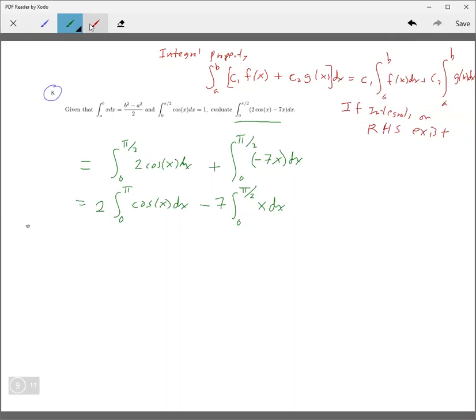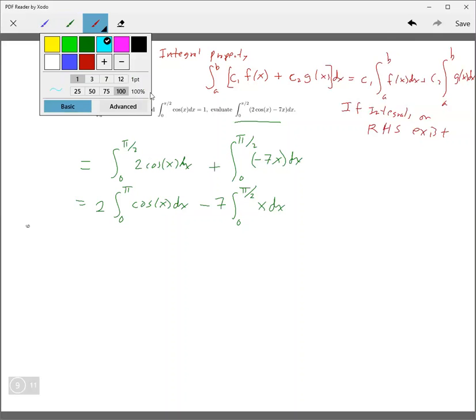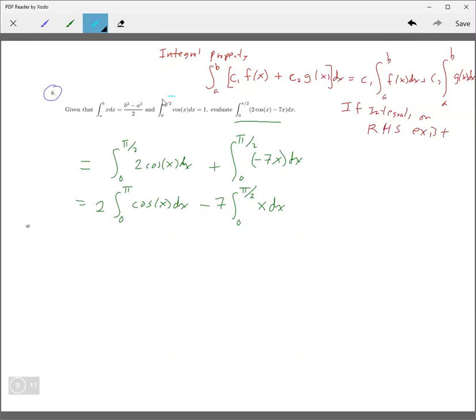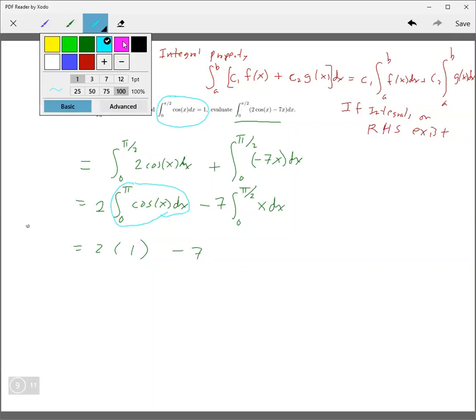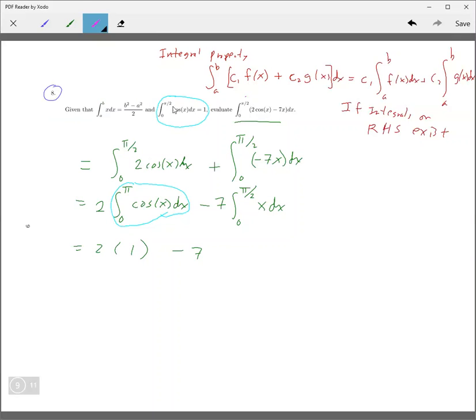Okay, now they said that this is 1. So that is going to be 1. And you have this right here: the integral from a to b of x dx.